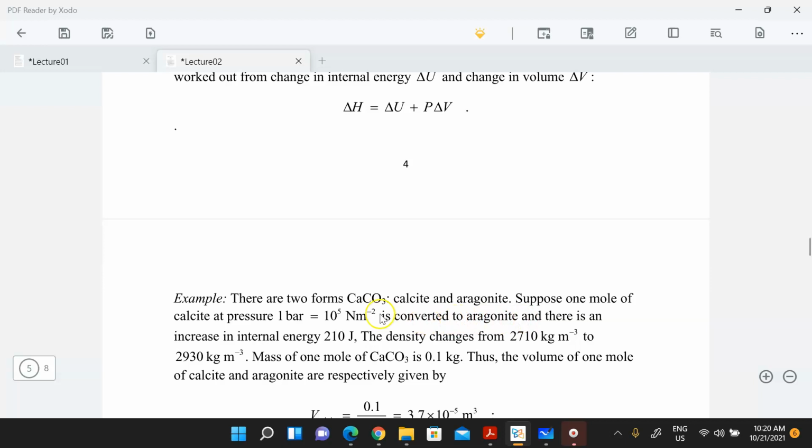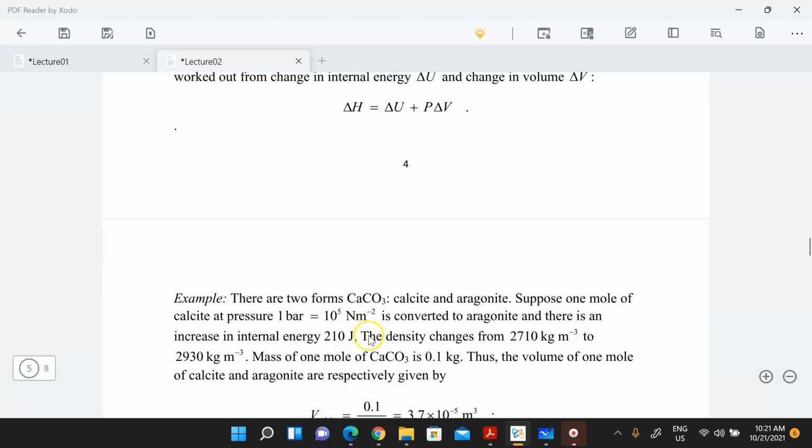Suppose you do this at a pressure of 1 bar, which is 10 to the power 5 Newton per meter squared, or Pascal, and you have 1 mole of calcium carbonate. When you convert it from calcite to aragonite, there will be an increase of internal energy of about 210 joules.